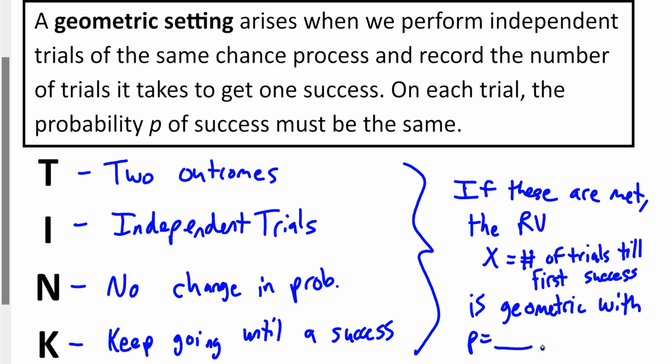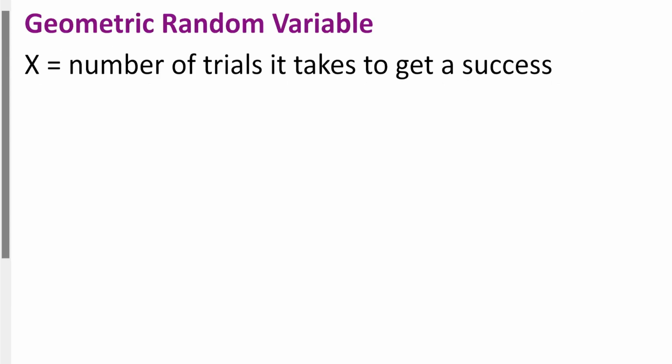So let's look at some geometric situations. Before we get into any other scenarios, I want to look at a couple things about them. If I went through TINK and I realized it is geometric, I'm going to say X is the number of trials it takes to get a success.